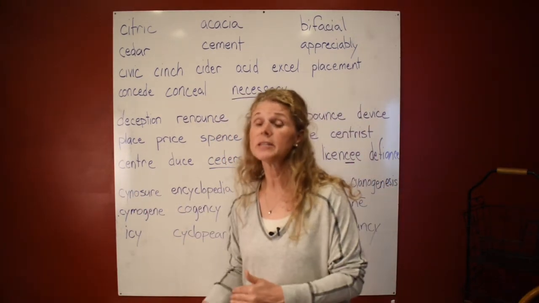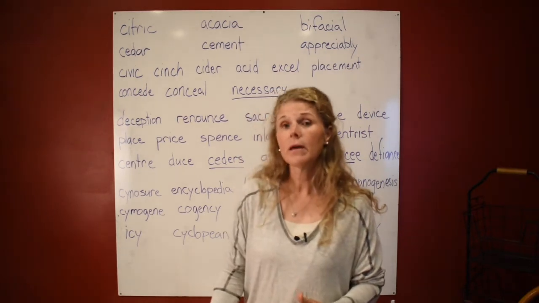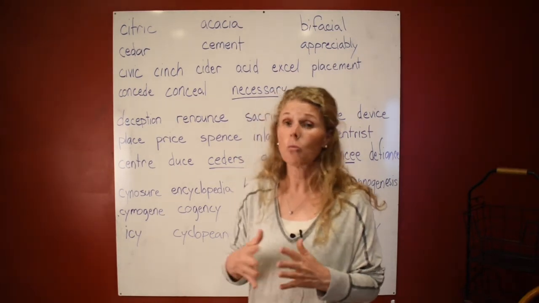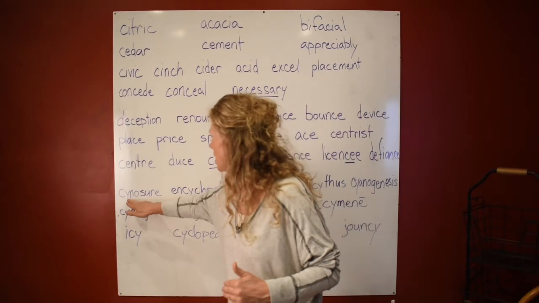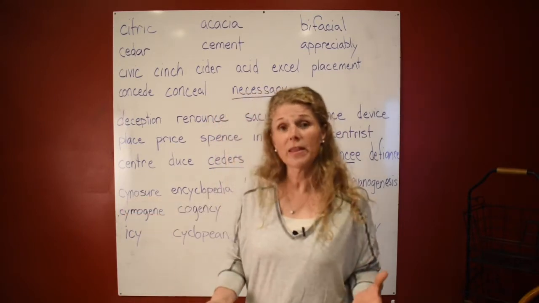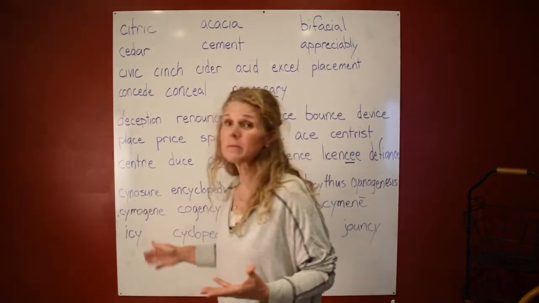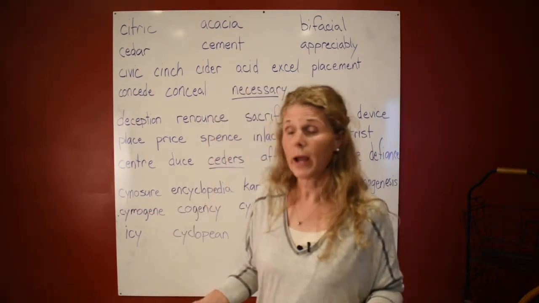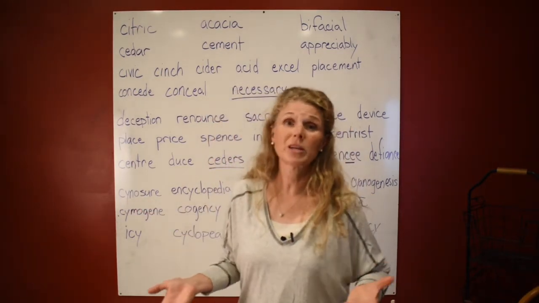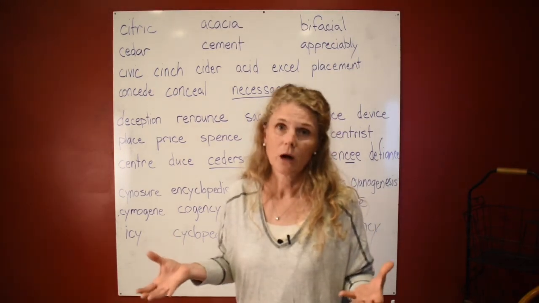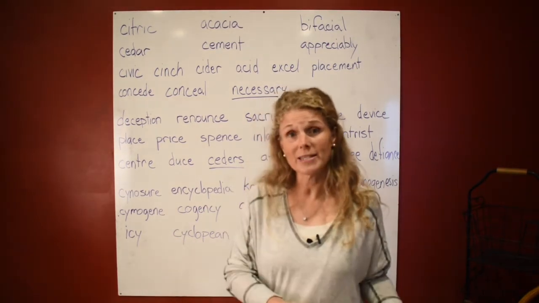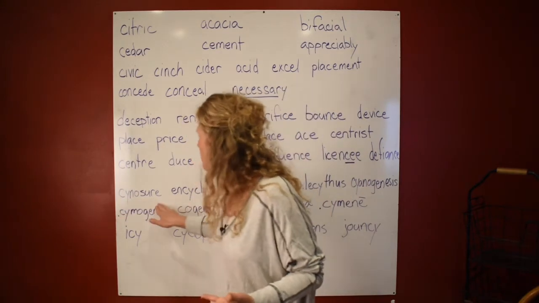Y's at the end typically say E, or they say I once in a while, but most of the time they say E. But you can't really identify a Y at the end of a word as Greek. That doesn't mean you don't have Greek words that end in Y, but you can't identify them because there's so many English words that have Y's at the end. But this one is a Greek word.